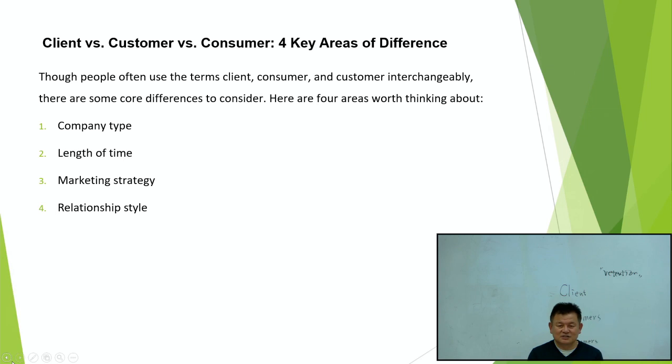This is relationship styling. So there is a little bit of difference between customers, consumers, and clients. Okay.